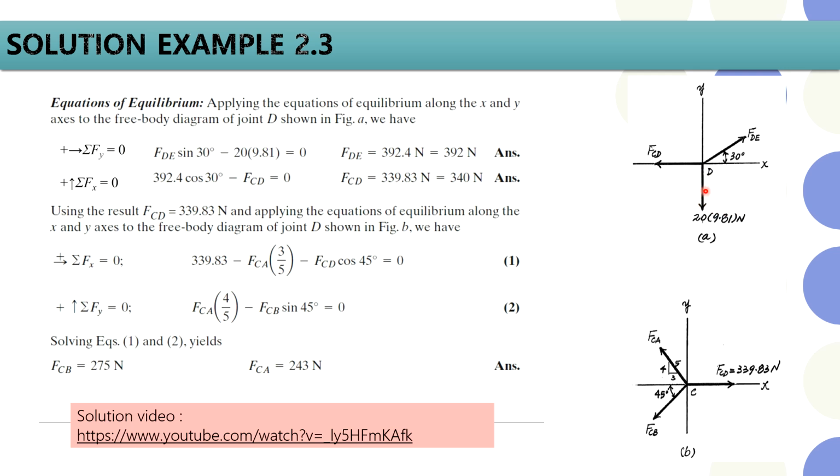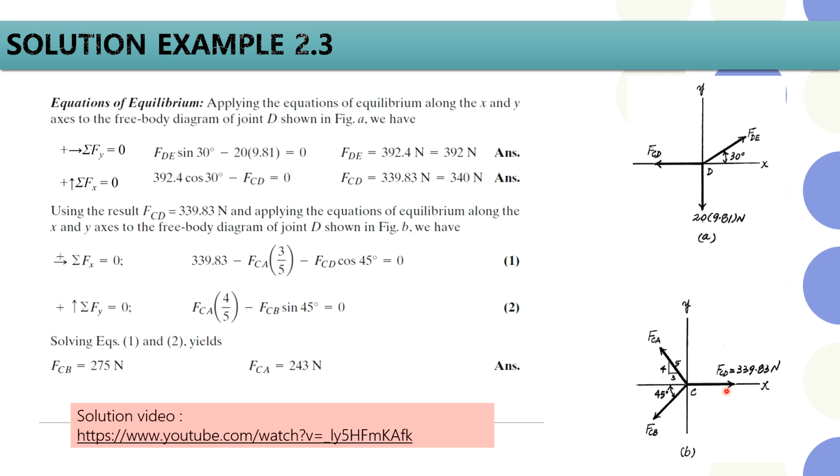from DC, you can draw another free body diagram at the center point of C, since you already know the result from the calculation here.